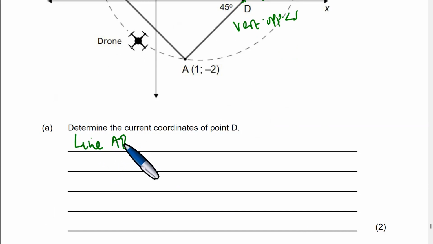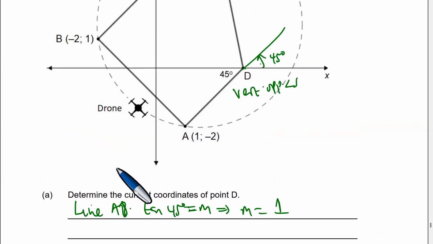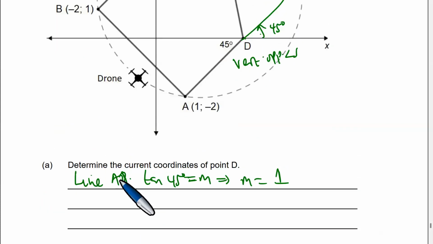The gradient M is the tangent of 45 degrees, which is 1. So line AD is what I'm saying here.